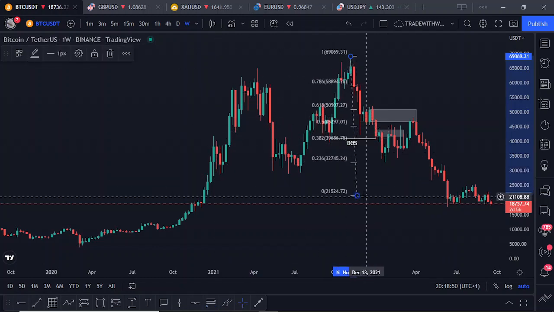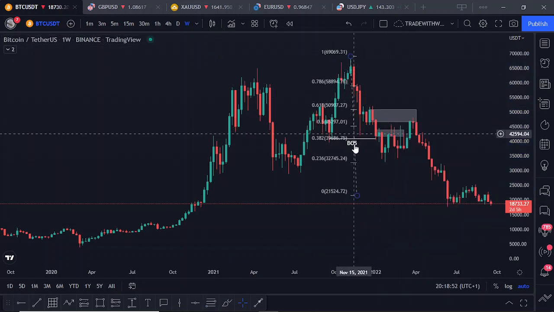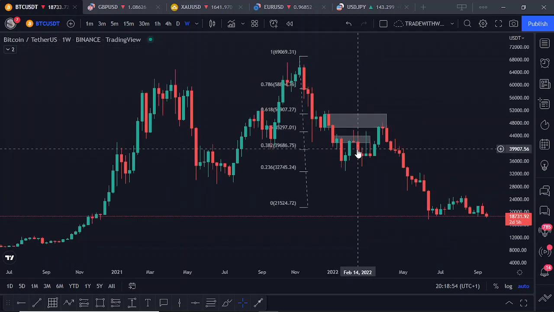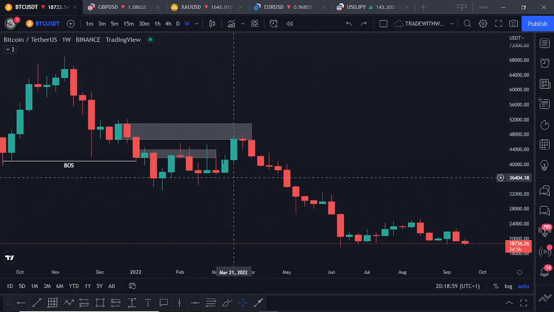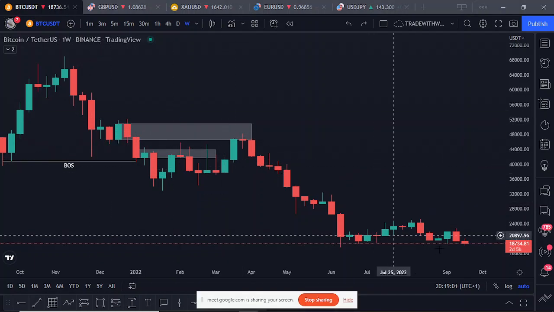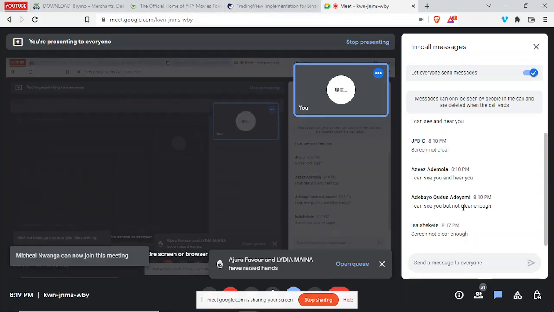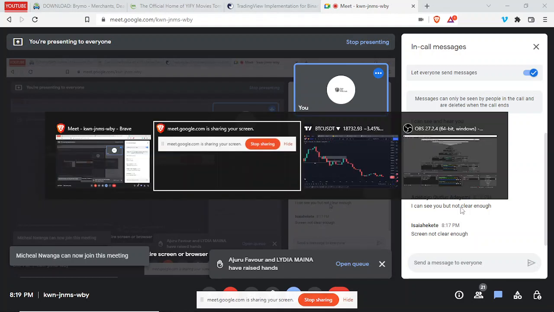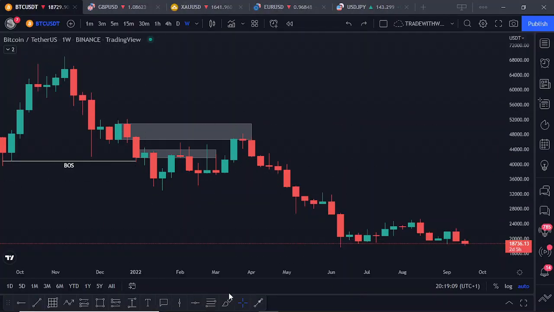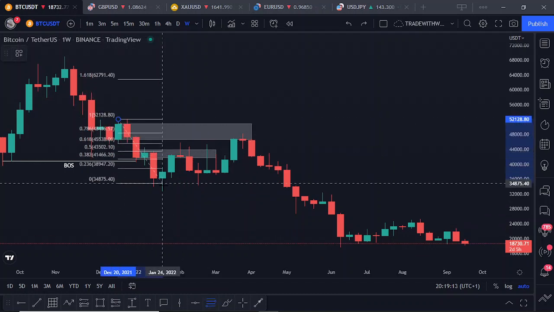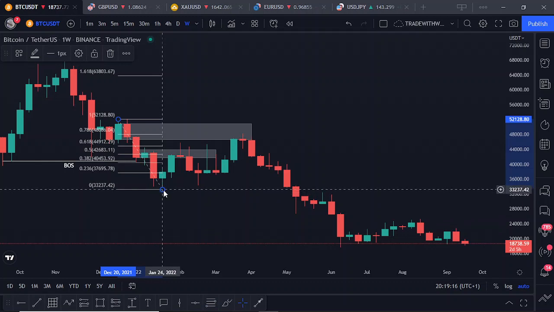But now, looking at this supply zone over here, when we draw a Fibonacci over it, from this supply zone right to these lowest points that caused the break of structure.